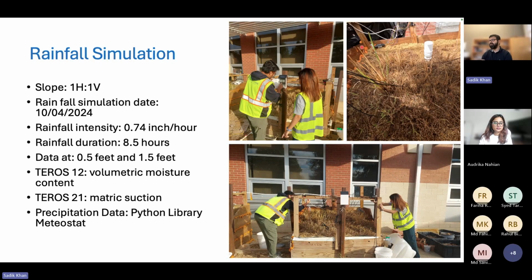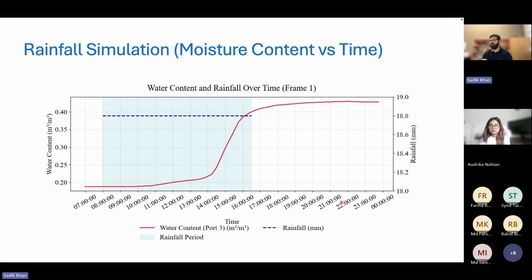In these cases, we simulated rainfall on top, with different rainfall intensities. In this case, we have a 1 to 1 slope, which is a 45-degree slope, with a rainfall intensity of 0.47 inch, and we simulated it for 8.5 hours. Then we looked at the volumetric moisture content, the matric suction, and the overall rainfall volume.